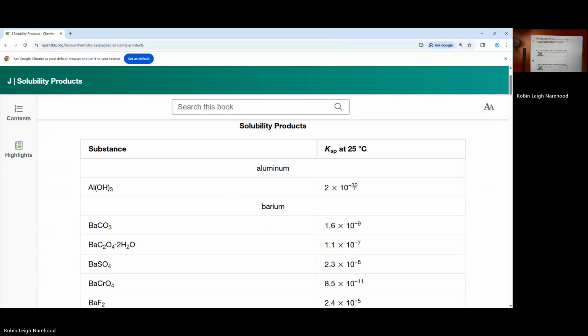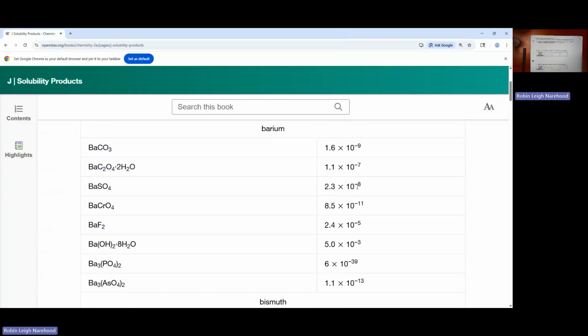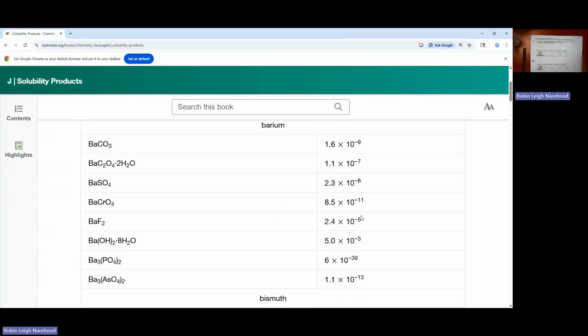10 to the -32, the equilibrium constant, compared to barium fluoride, 10 to the -5. Aluminum hydroxide is a lot less soluble in water. This is not the solubility, this is the constant, but it is directly related to the solubility.